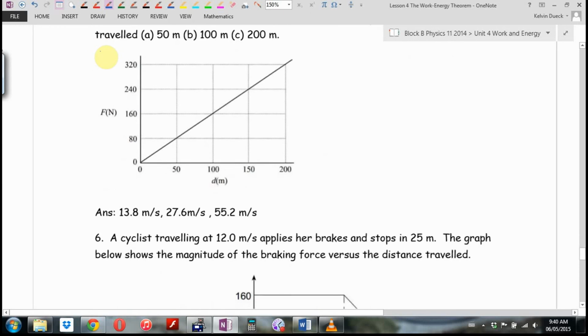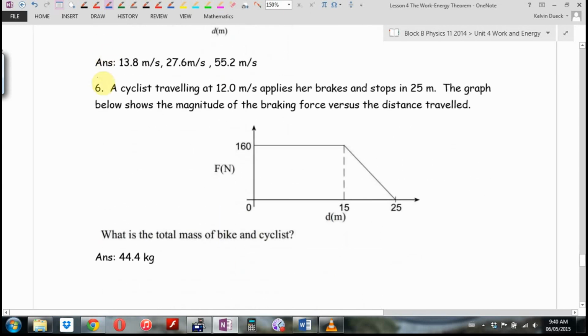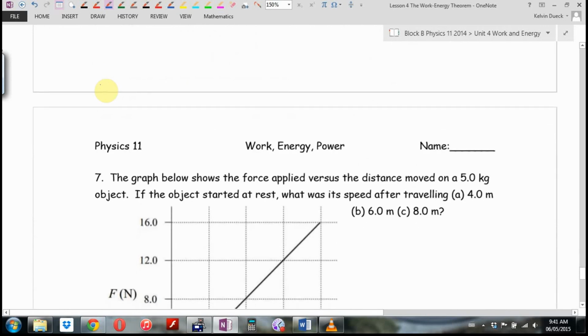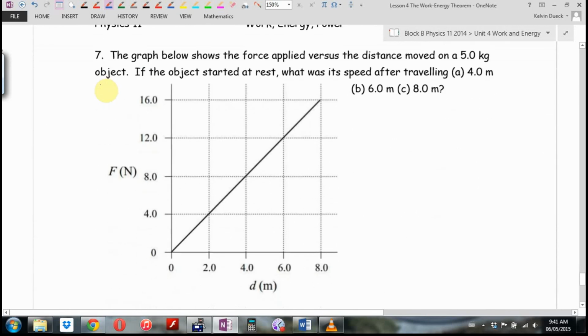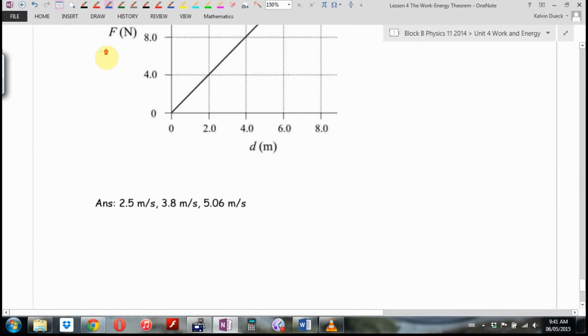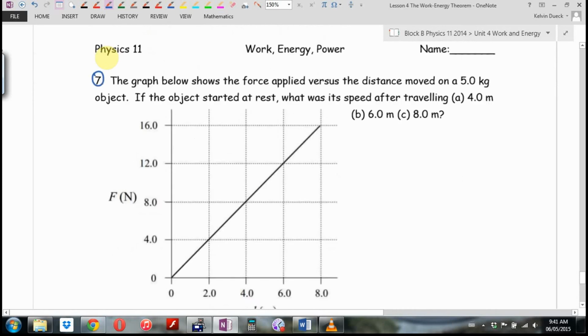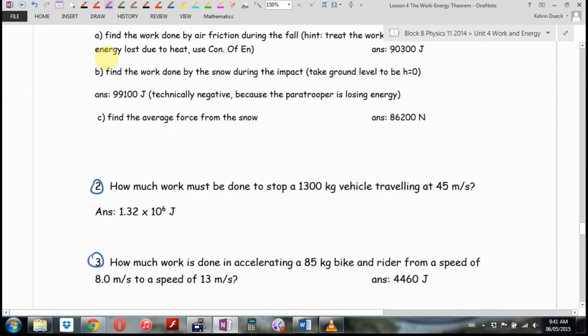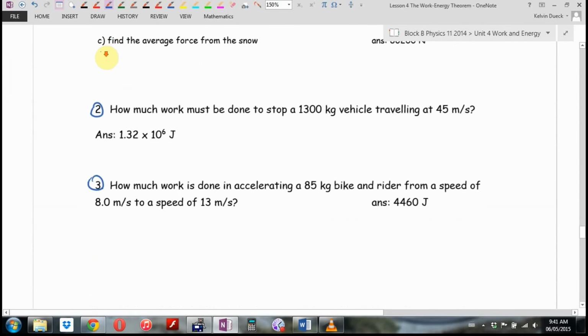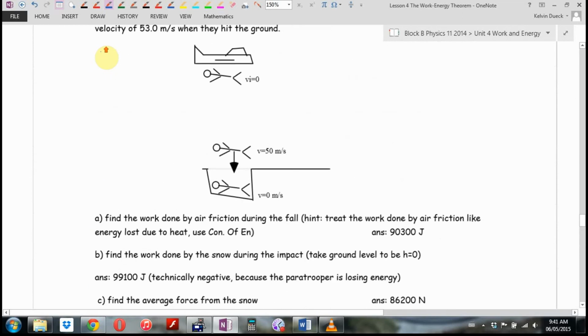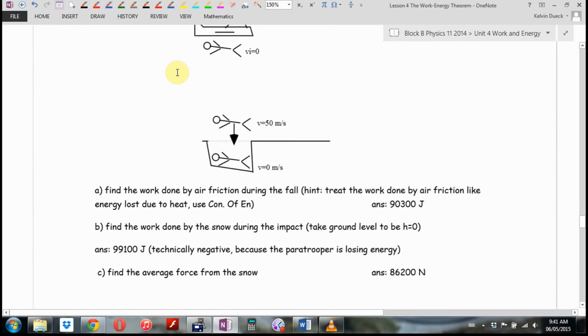Five is good. I haven't done one like that, but see if you can figure it out. Otherwise, I'll talk about it next class. Six is good. Seven is good. Did I skip any? Oh, well, that was mean of me. One is tricky, but I'll talk about it next class.